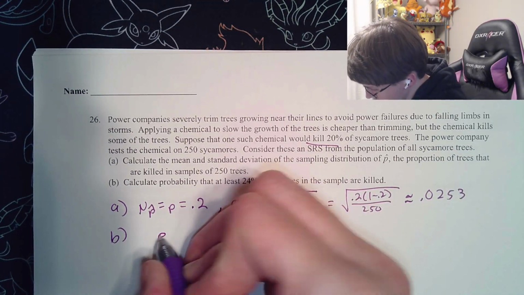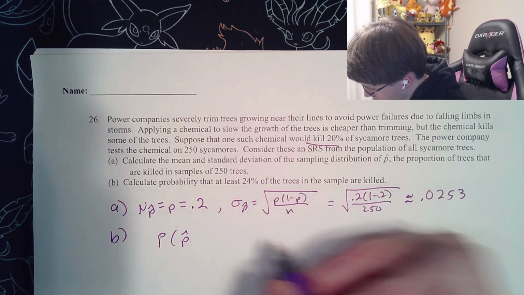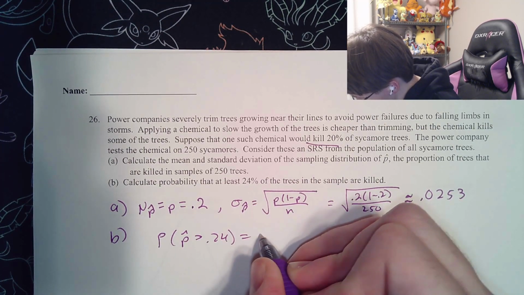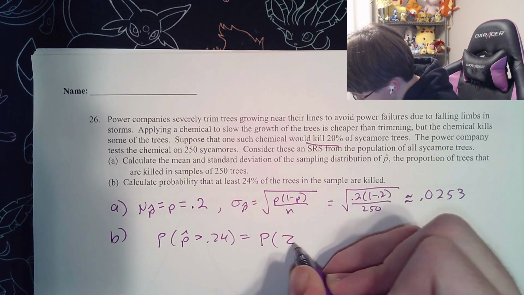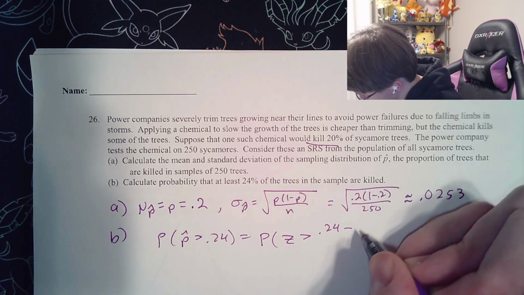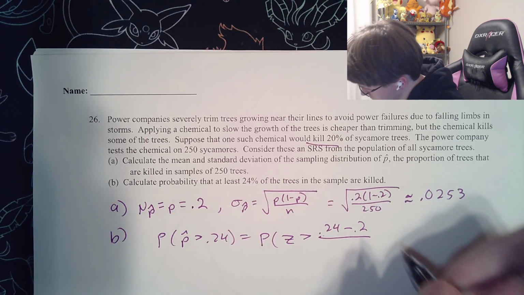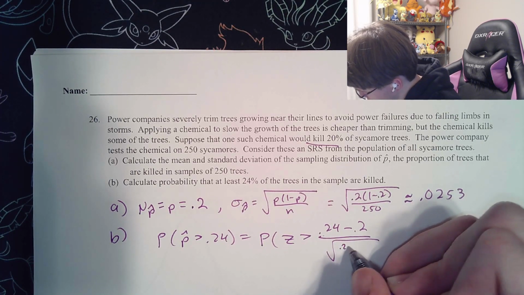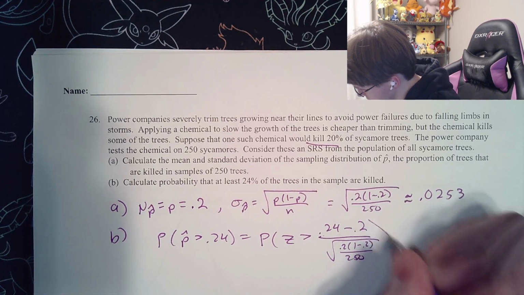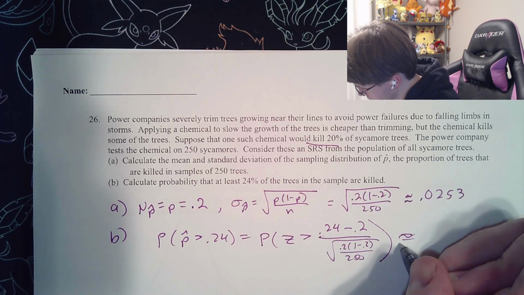So the probability of p hat being greater than 0.24 is going to be equal to the probability of our z-score being greater than that same 0.24 minus our 0.2 divided by our big huge square root of 0.2 times 1 minus 0.2 divided by 250, approximately.